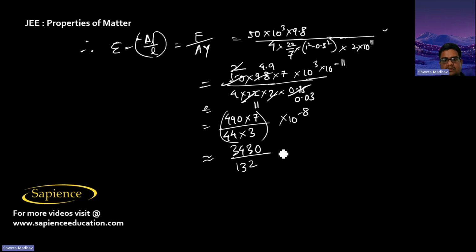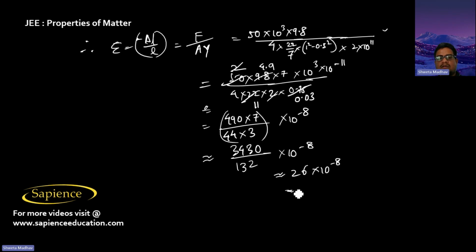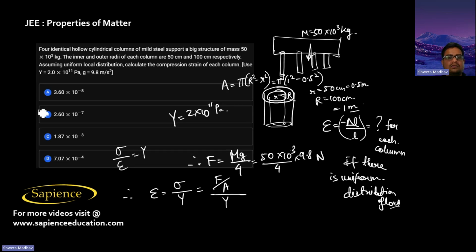So that is into 10^-8. So this is approximately 26 × 10^-8, or I can say approximately 2.6 × 10^-7. That means that option B is the correct answer.